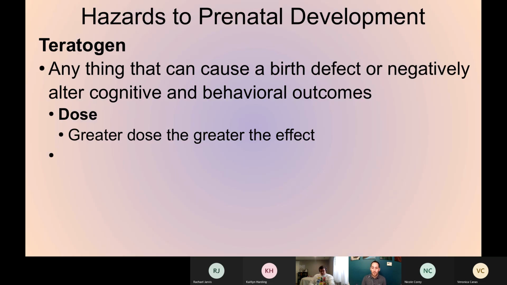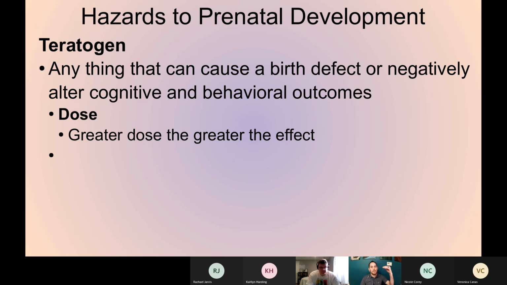So going back to teratogens, especially because we mentioned this, let's talk about a couple specifically. Essentially, a teratogen is anything, usually a chemical, that can cause a birth defect or negatively alter cognitive or behavioral outcomes. The dose is important. Under a certain dosage level, this chemical might not be harmful, but above a certain dosage level, it might be harmful.